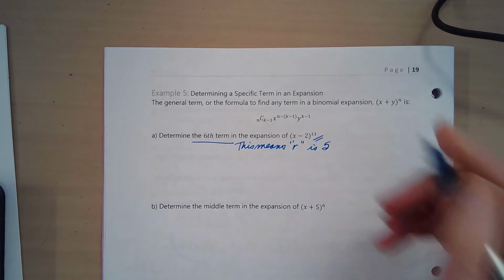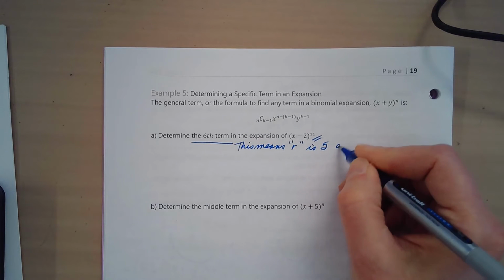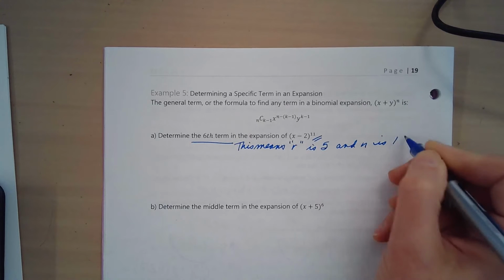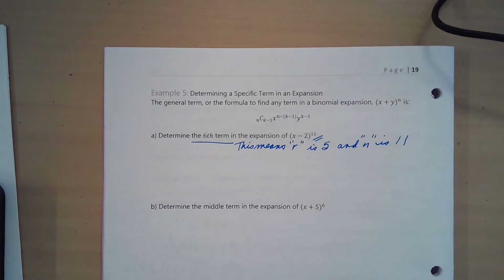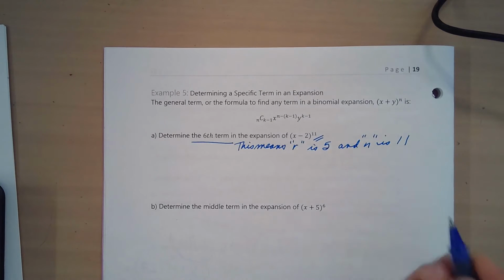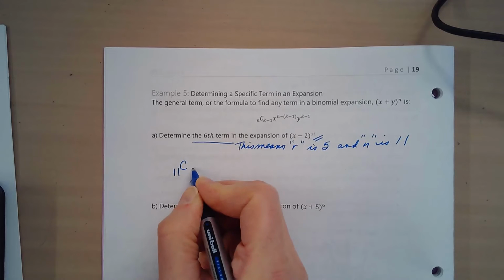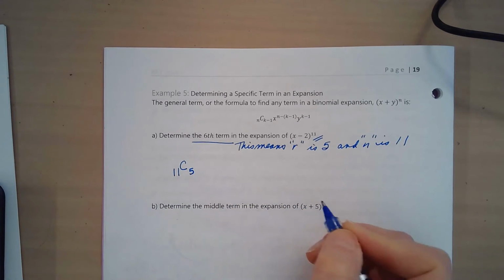Okay, and I know that n is 11, right? Okay, so right away it tells me where to start. So that means I'm starting at 11C5. Okay, that's what R is.